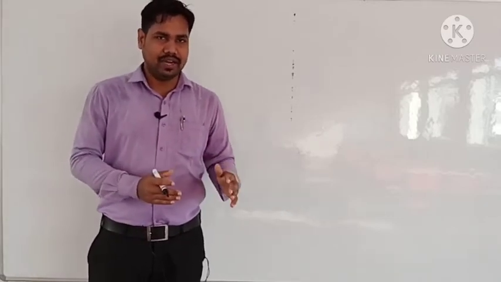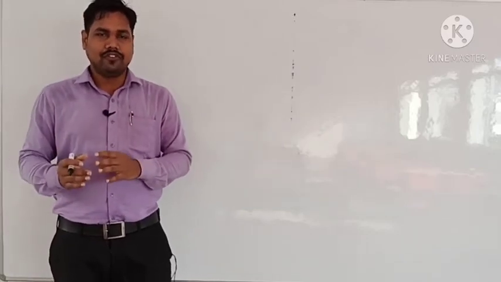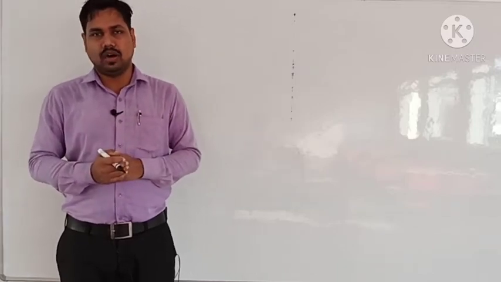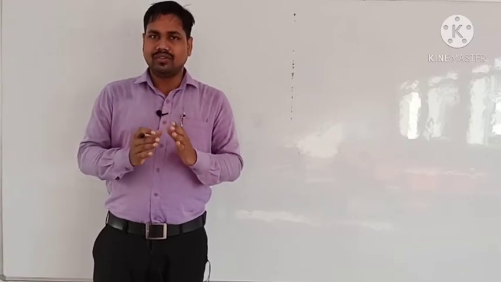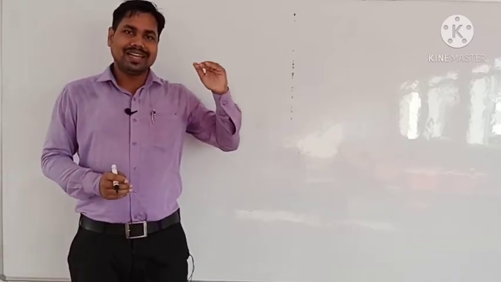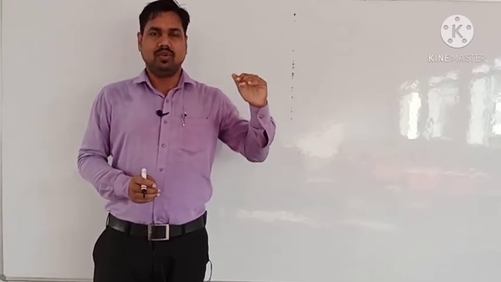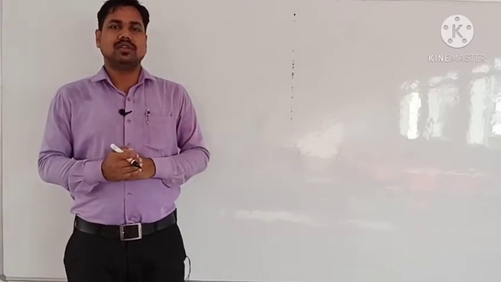Then the fractions whose denominators are different, those are called unlike fractions. After that we have learned there are several types of fractions, like unit fractions, the fractions whose numerator is 1. Suppose 1 by 10, 1 by 7, 1 by 4, these are called unit fractions.